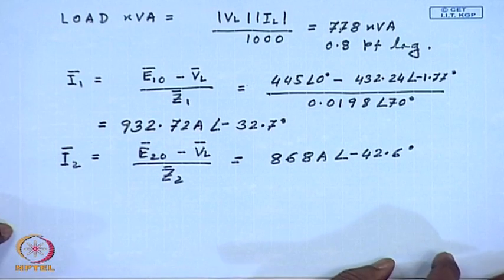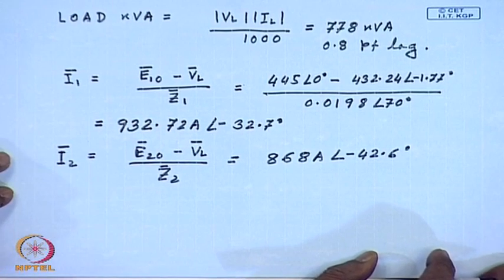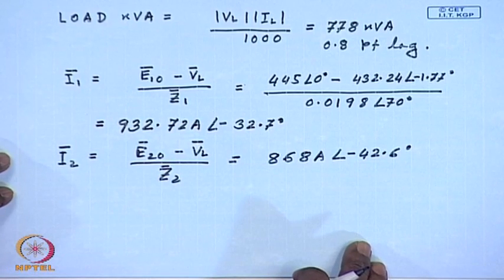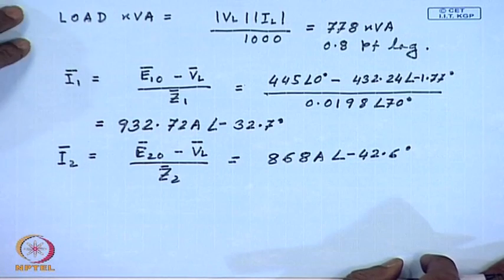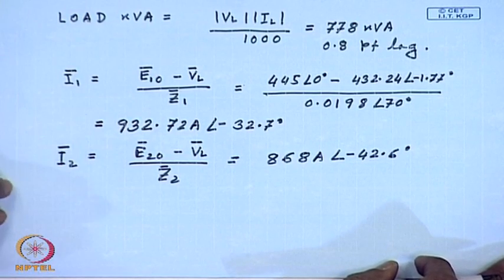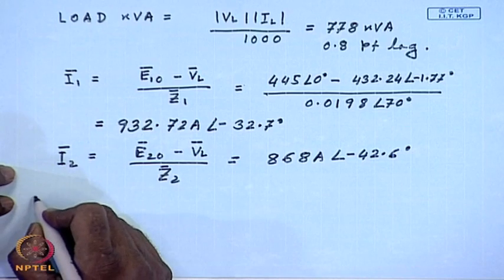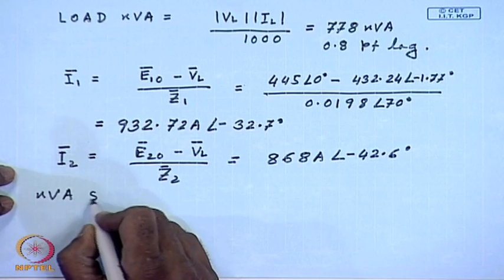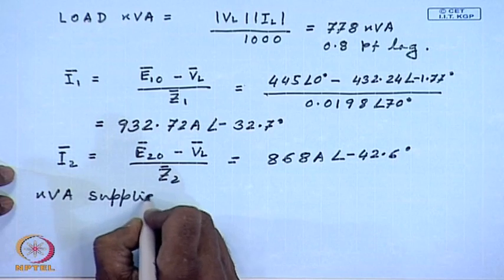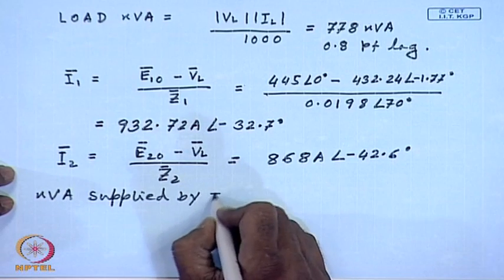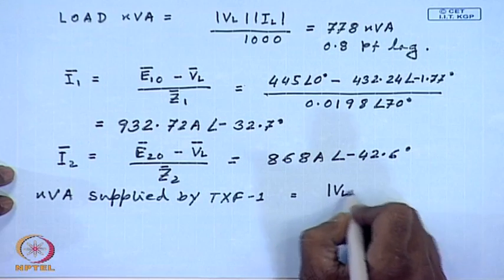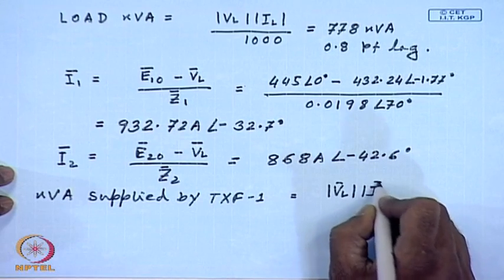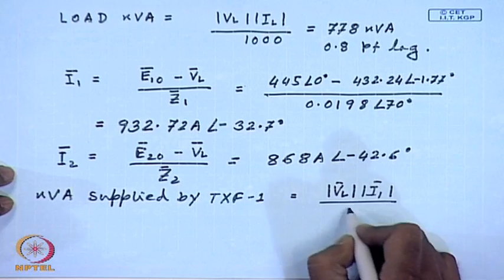It should be appreciated that the currents I1 and I2 are not in phase. So, the transformer is not optimally utilized in this case. So, kVA supplied by transformer 1 is equal to mod VL I1 divided by 1000.